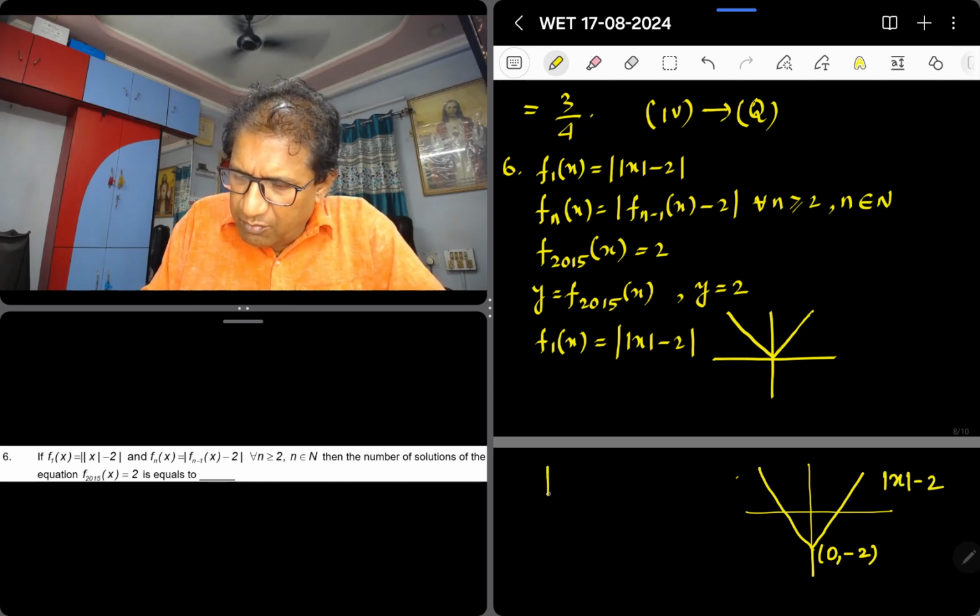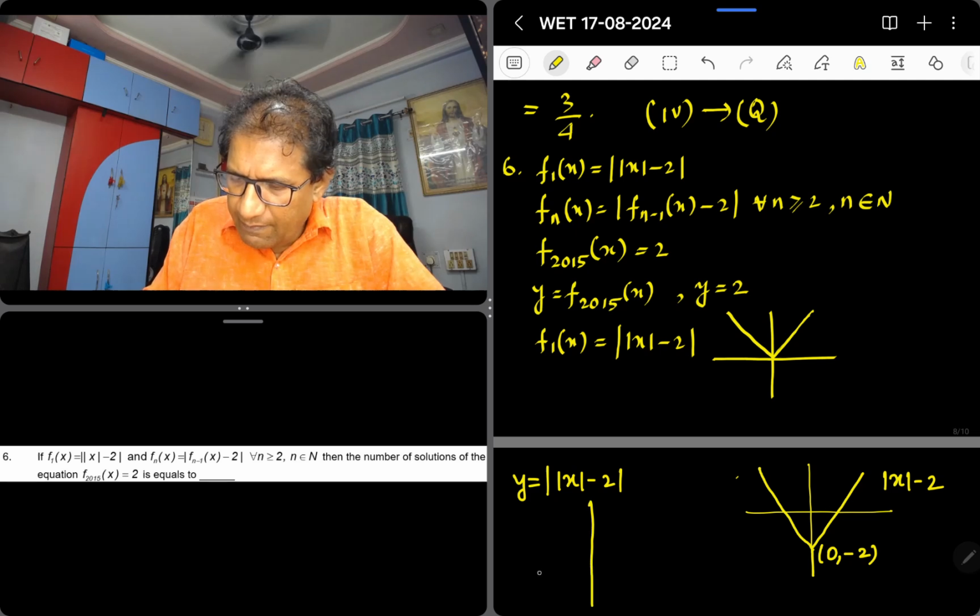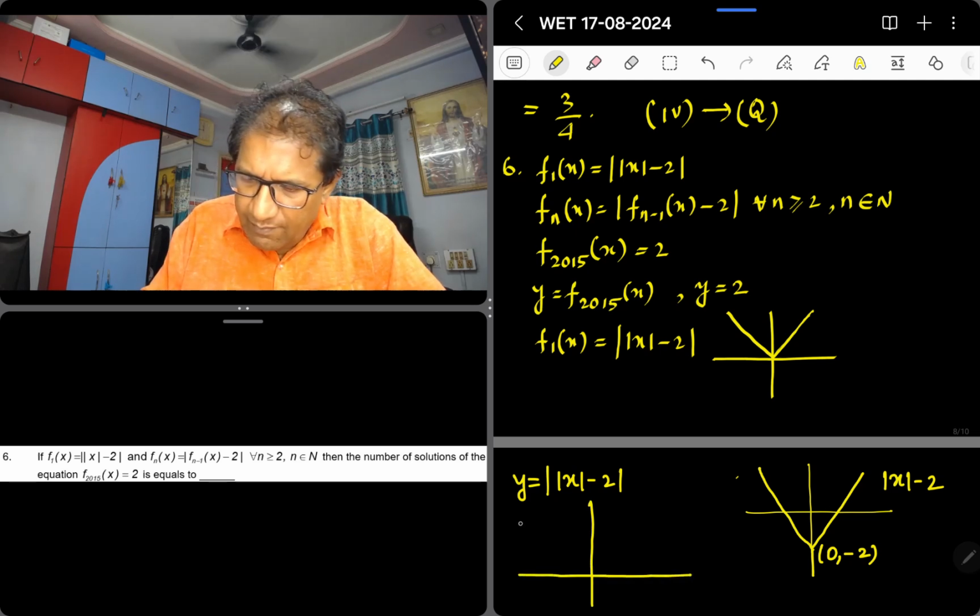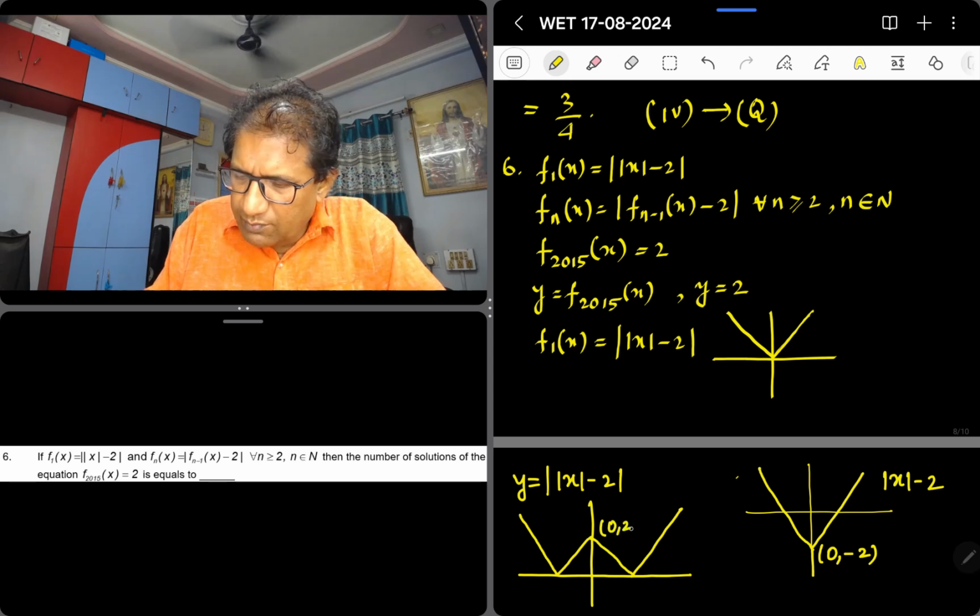Now the graph of mod of mod x minus 2 will look something like this. This point is 0, 2.